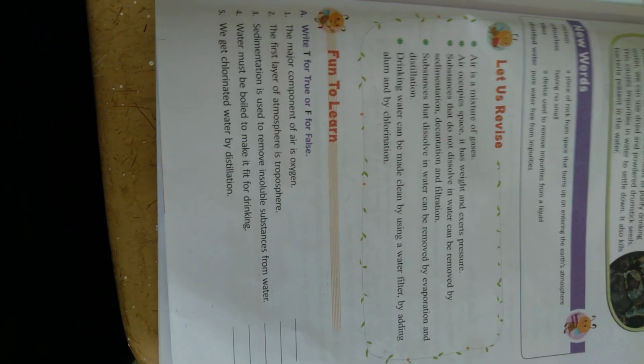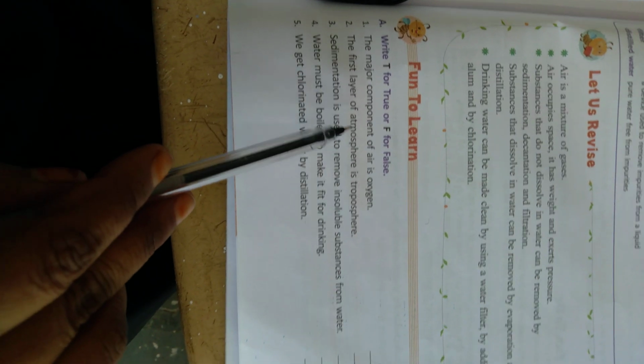As we completed our lesson, let's learn a bit more. True or false? The major component of the air is oxygen. It is false. Next, the first layer of the atmosphere is the troposphere. Yes, the first layer is the troposphere.